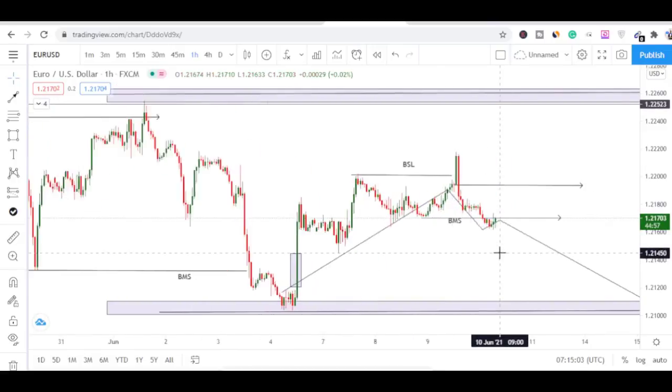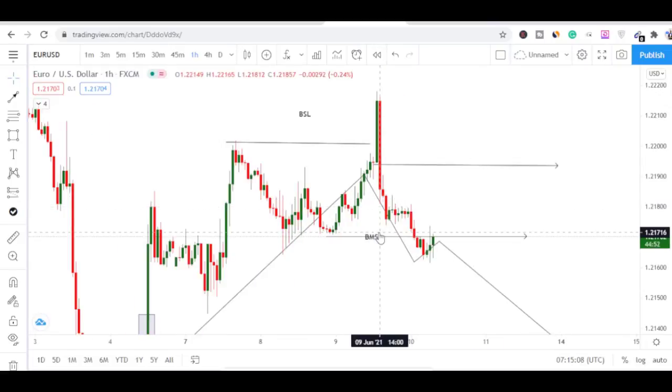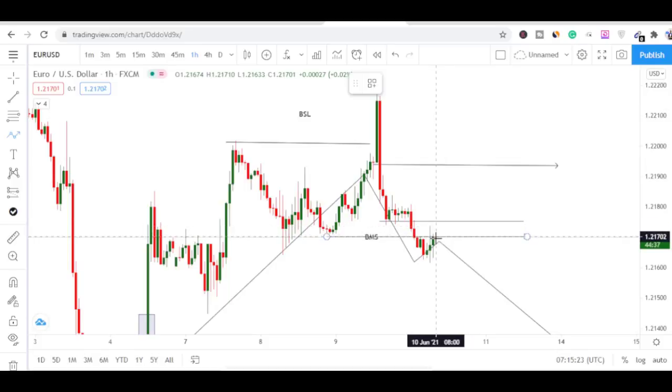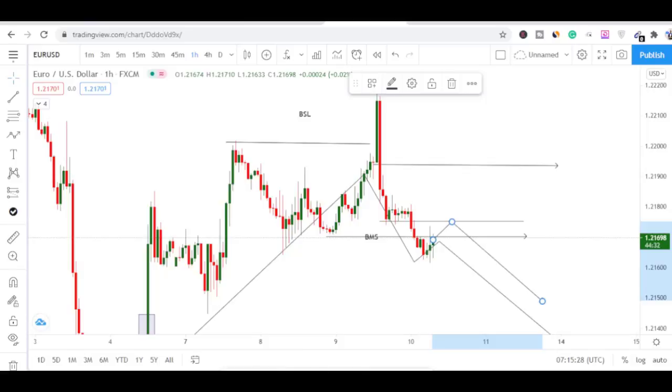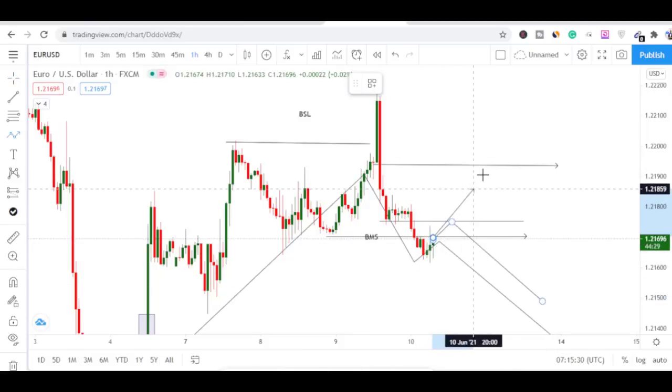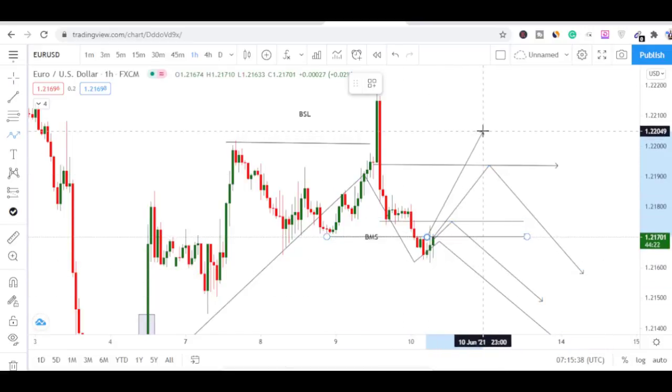But nonetheless, the reason why this is simple, right? If you look at this, you can see a little bit of an institutional order block candle there. You see that? So at least price might do something like this, if at all it's going to, then go to the downside, or price might do something like this, 50%.